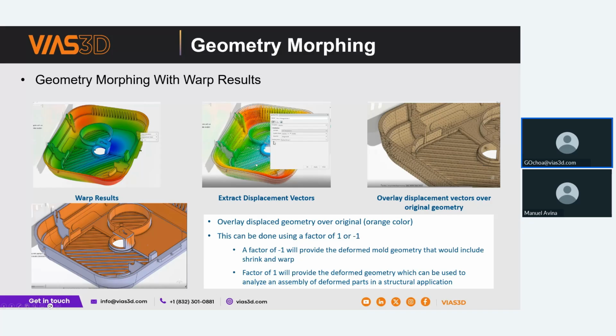There are specific tools to map the warp results and to perform compensation tasks into the mold cavity, or we can also use the deformed shape of the plastic part to simulate an assembly step, or how this is going to be assembled.